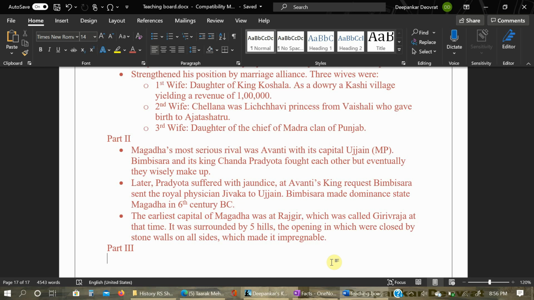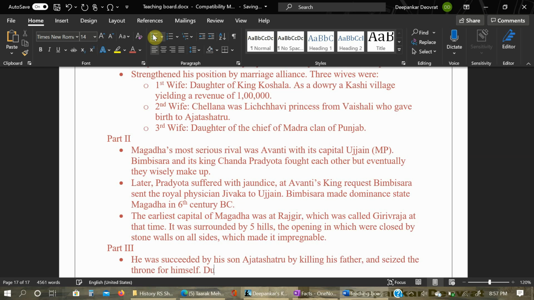He killed his father, and due to his aggressive policy, let me write it here: Bimbisara was succeeded by his son Ajatashatru. How? By killing his father and seizing the throne for himself.